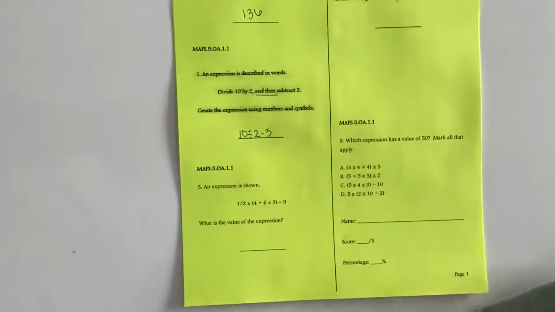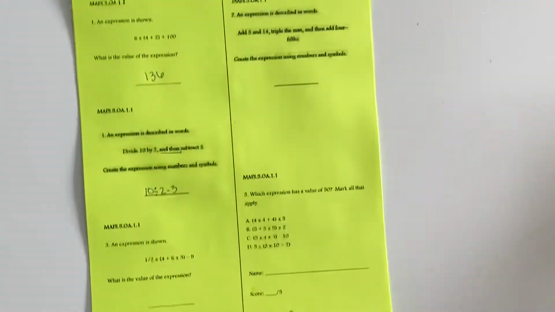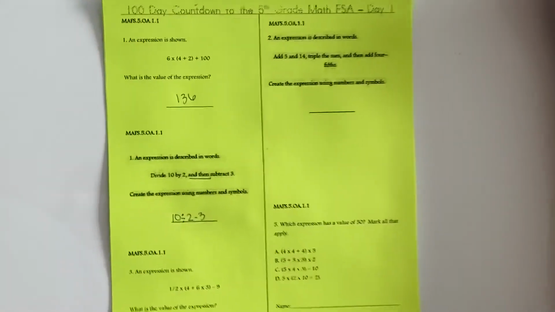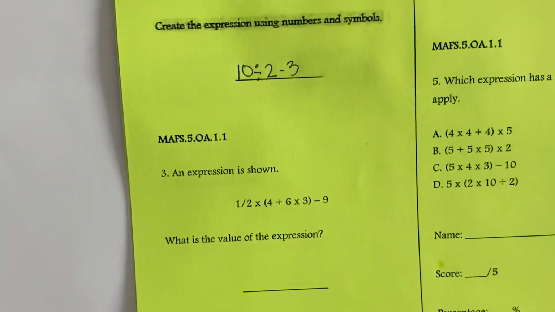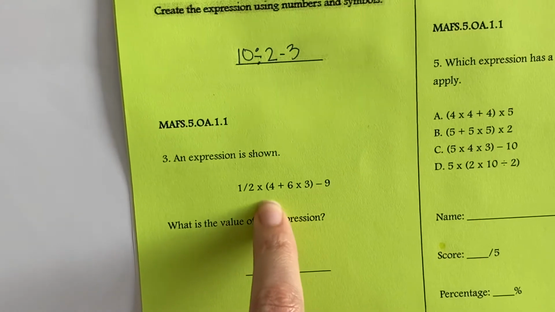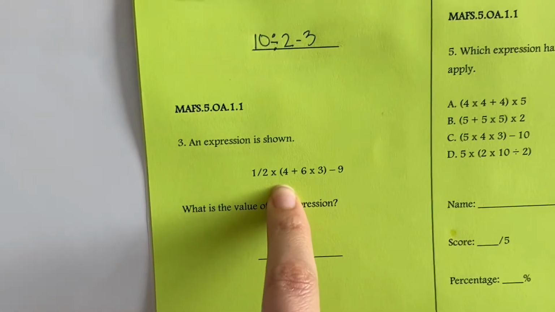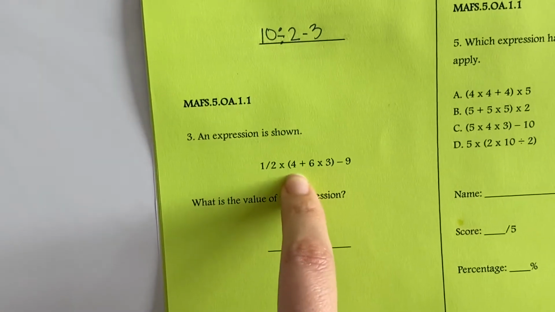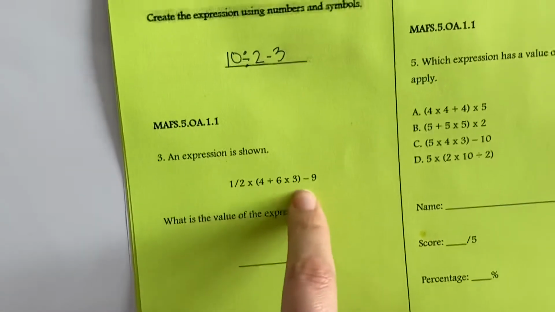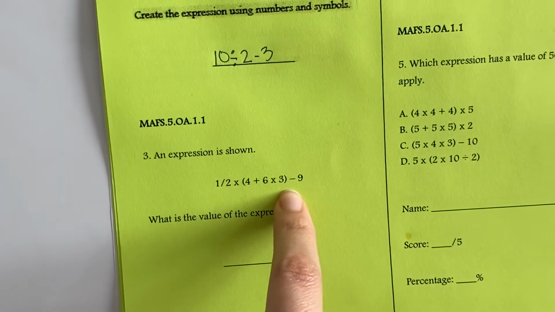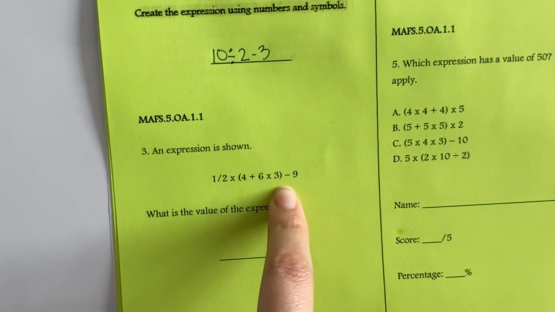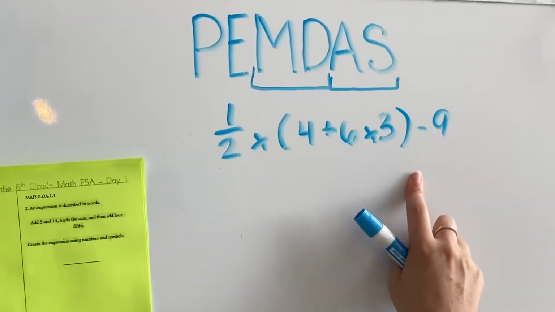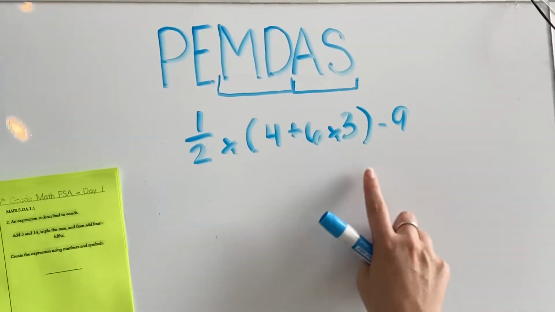All right, my next one. I'm on number 3. I'm going to rewrite it so it's big. I have 1/2 times parentheses 4 plus 6 times 3 minus 9. Okay, so I have it written over here. I definitely need to do order of operations because look at all of these.